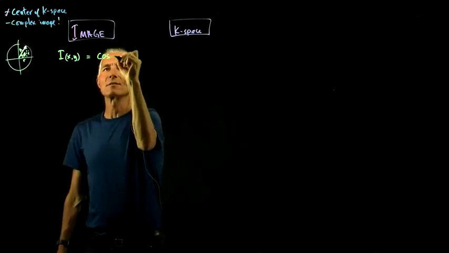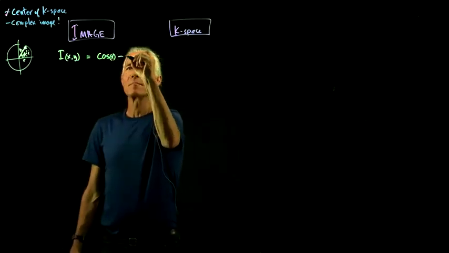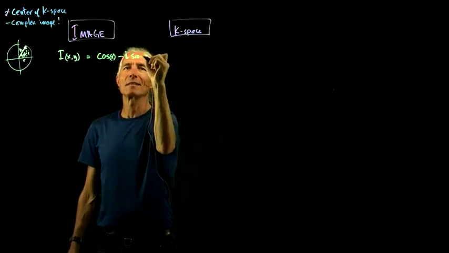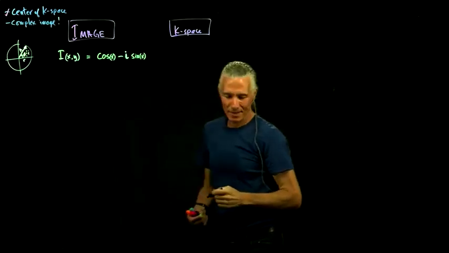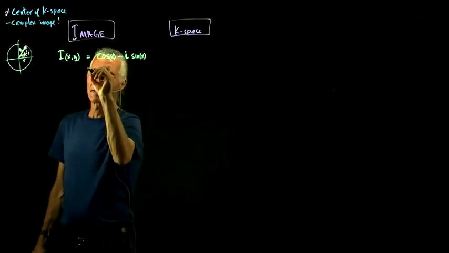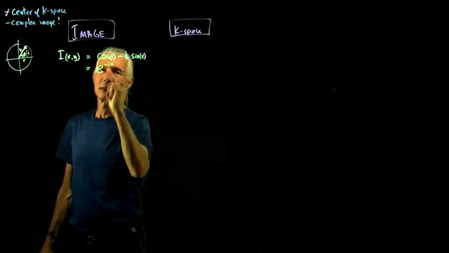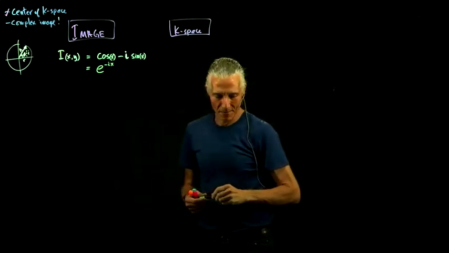It's just equal to the cosine of x minus i times the sine of x. So that's our slightly modified cosine brane. And we also know that as just e to the minus ix. Those two are equivalent.